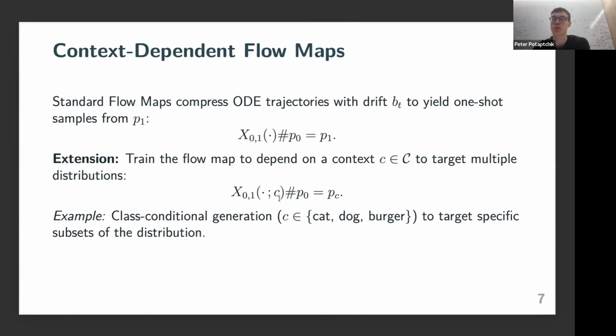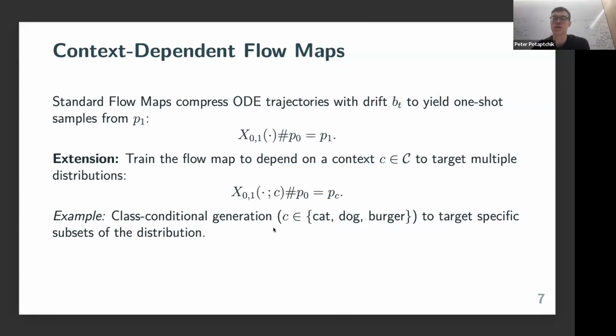Well, a really easy thing that we could do is we could just say, let's let our flow map take in this additional input, c, the context or conditioning value. And once we fix the c, then it's going to act like a flow map transporting P0 to that fixed distribution P_c. And if I change the c here, then my target distribution will change. But in each case, for a fixed c, it's just a usual flow map.